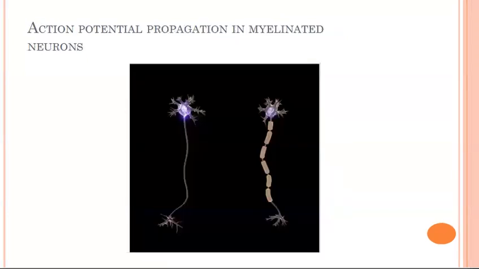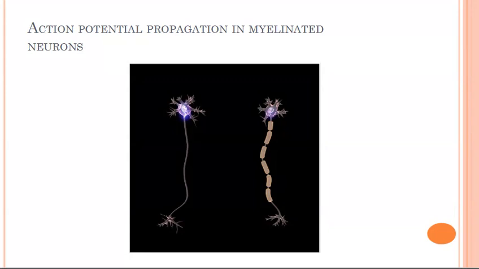Earlier I spoke about how axons are often covered in myelin, in previous lectures. So it's important to consider how the myelin sheath speeds up the process of the action potential. There are gaps in the myelin sheath called nodes of Ranvier.